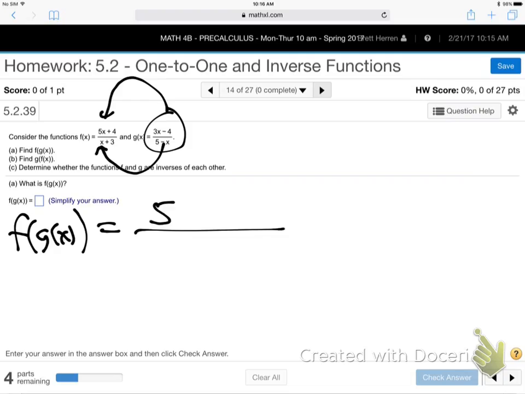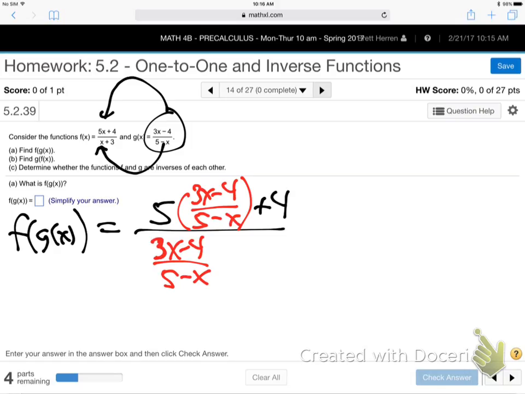It's going to be 3x minus 4 over 5 minus x, and this will be 3x minus 4 over 5 minus x, like that. And then that's going to be plus 4, plus 4. All right. So I just stick all of g into f. What an ugly mess. All right. Can you clean all that up? And we're hoping it's just x.